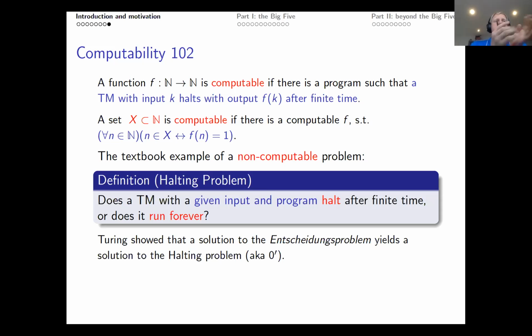And Turing showed that any solution to the Entscheidungsproblem, so this Hilbertian algorithm, also yields a solution to the halting problem. And the halting problem is also called zero jump.